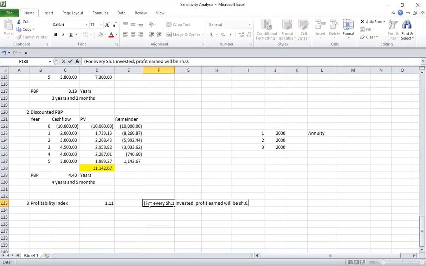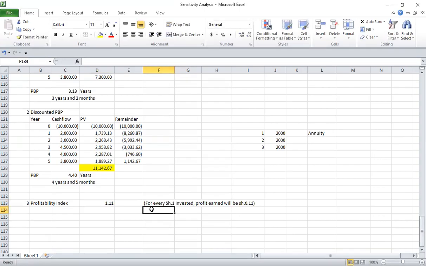That is what that means. For every 1 shilling you invest, the profit earned will be 0.11. Kwa kila shilingi moja you are investing, you will earn the profit of 0.11.